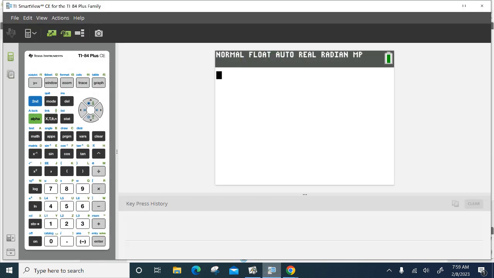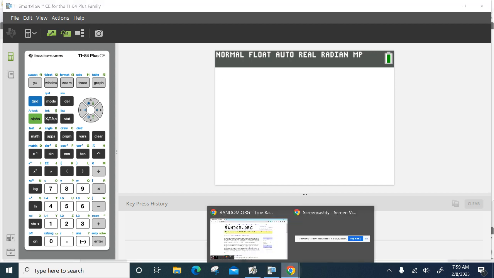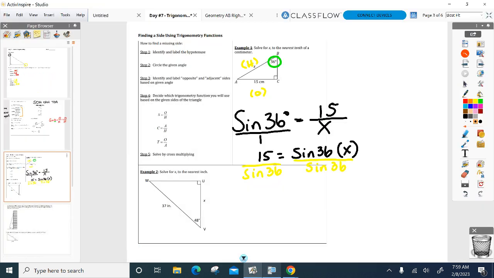Introduce you to a few new buttons. First thing, whoa. Before we start typing like you're texting. This is 36. What type of units? 36 degrees, right? So your calculator has 2 modes for an angle. It has degree mode, and it has what's called radian mode, which we're not going to worry about for a while.